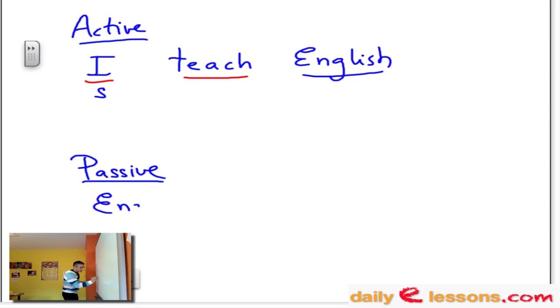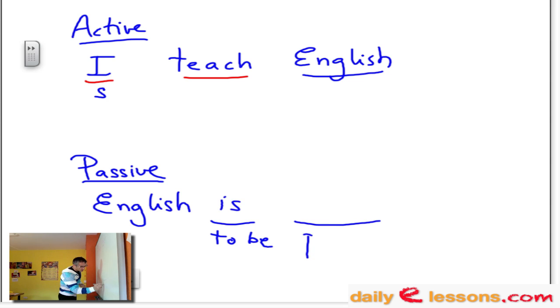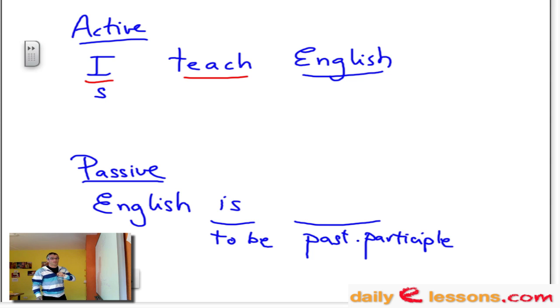We say English, this is going to be the subject. Then we need to put the verb to be in the tense you like. In this case let's say present tense. And then we also need to add our past participle of the verb.